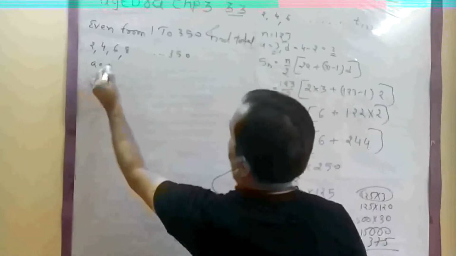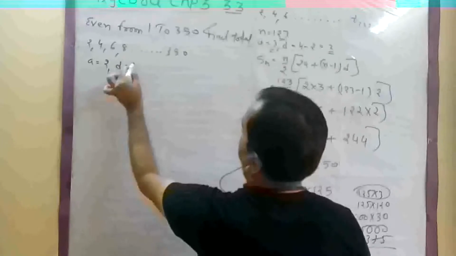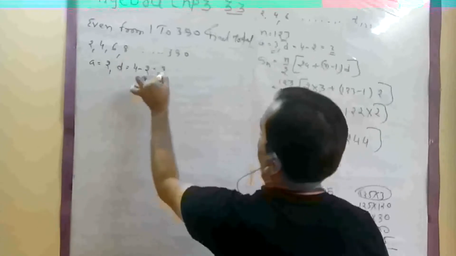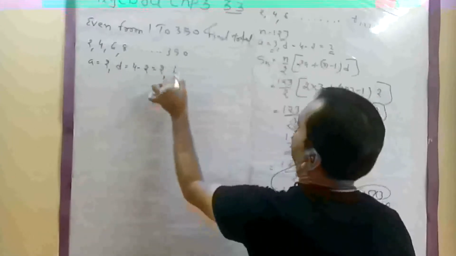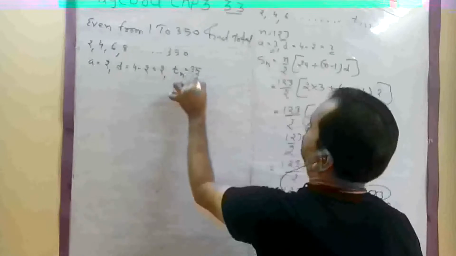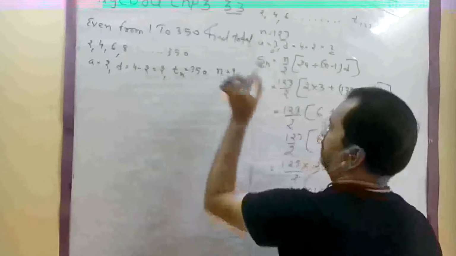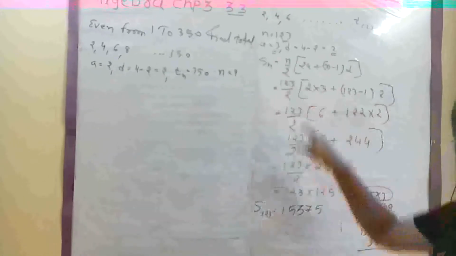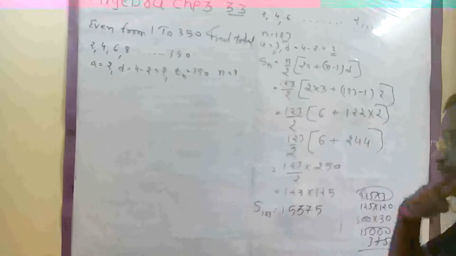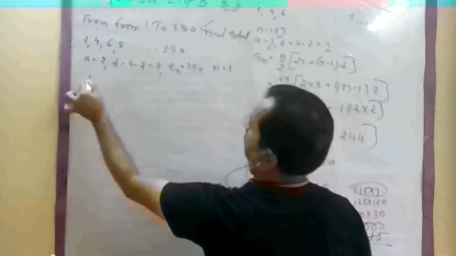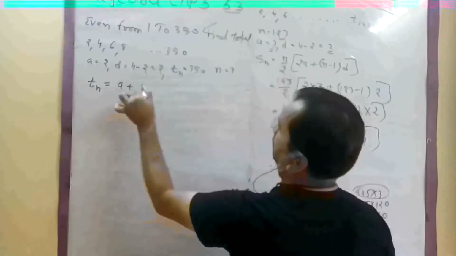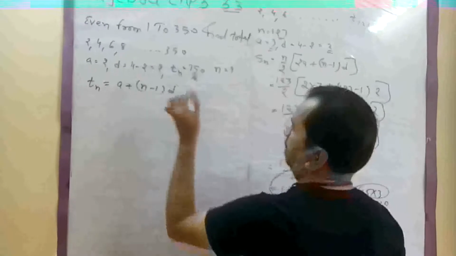So A is equal to 2. Difference is 4 minus 2, equal to 2. And the last number Tn is equal to 350. We don't know n, but for Sn we need n. Simple. Tn is equal to A plus n minus 1 d.